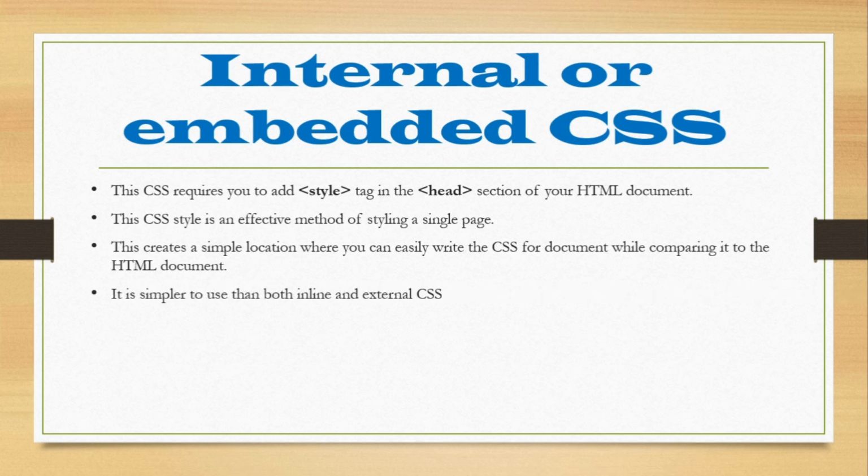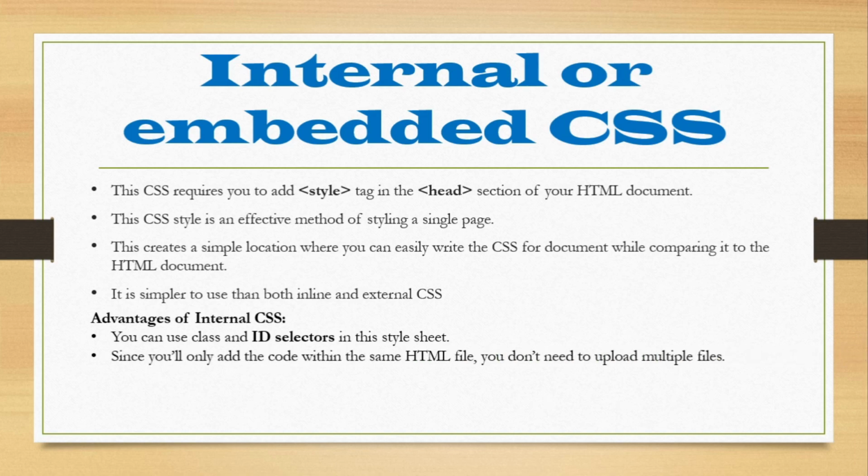It is simpler to use than both inline and external CSS. Advantages of internal CSS are that you can use class and ID selectors in this style sheet. Since you will only add the code within the same HTML file, you don't need to upload multiple files on the internet.